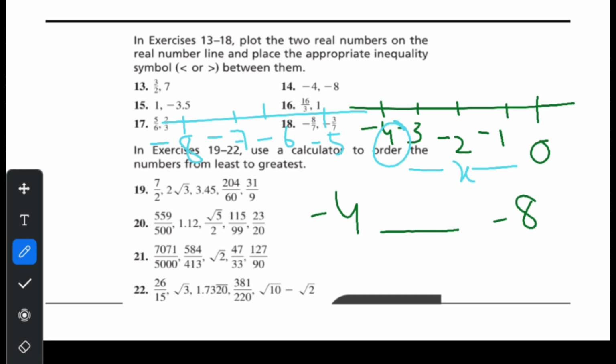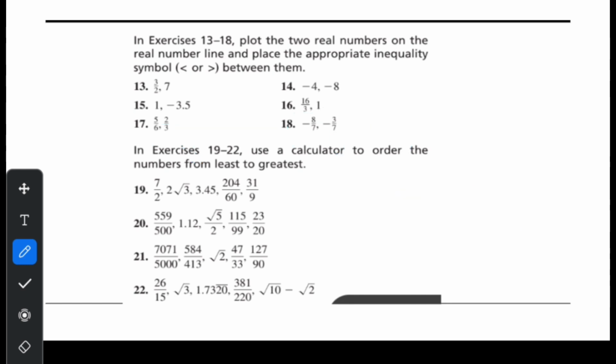That means -8 is smaller than -4, and similarly we can say that -4 is greater than -8. So for greater, we remember that we put the inequality sign with mouth open towards the greater number and back towards the smaller number. I hope this is clear. Let's solve one more for practice.